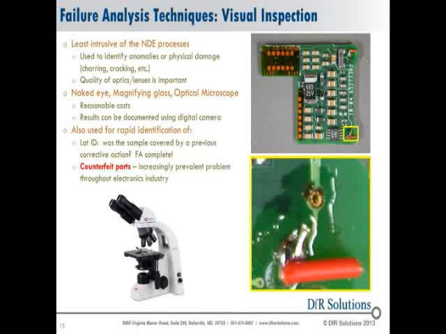So you can start with the naked eye and then move up to a magnifying glass and an optical microscope. These can be performed at a very reasonable cost with reasonable costs of equipment.